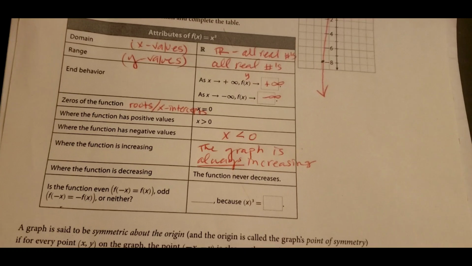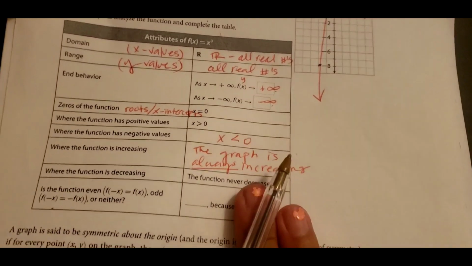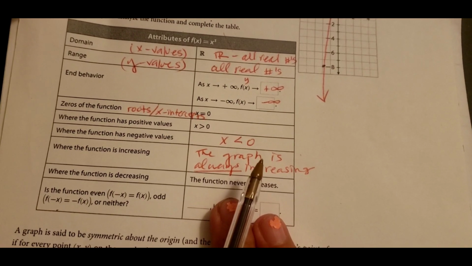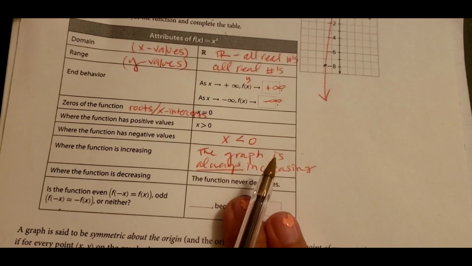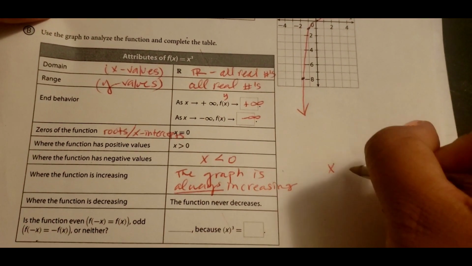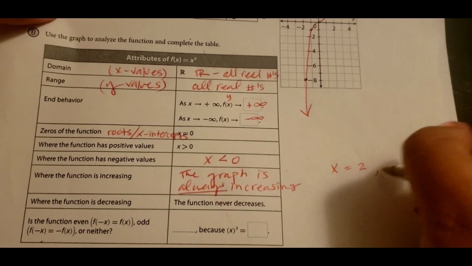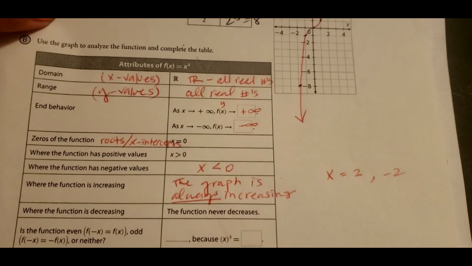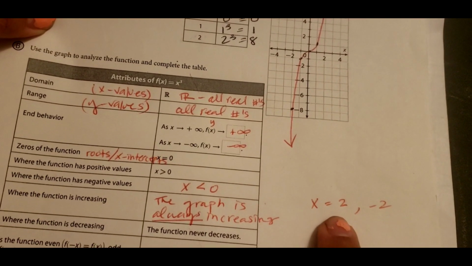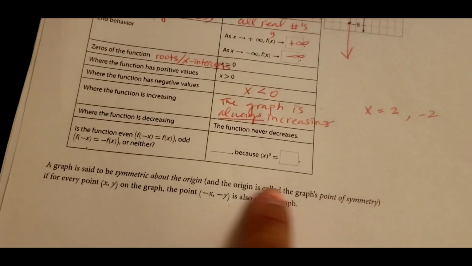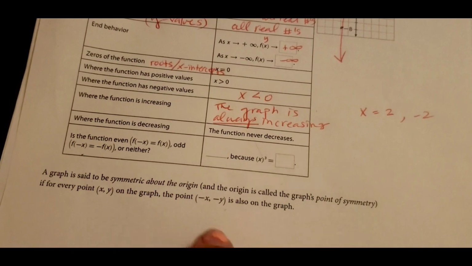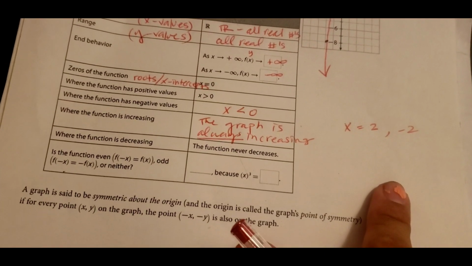If you recall, if you plug in a negative value, for example, we talked about if x was 2 and if x was negative 2, whether you plug in a positive or a negative, when is it even versus odd or neither? You actually did that in the last section, right?